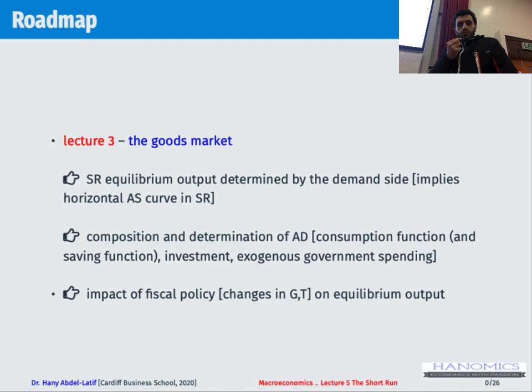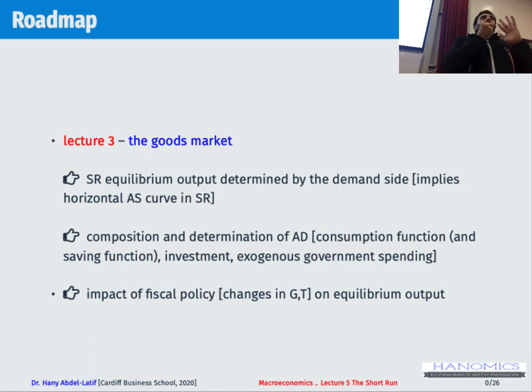But anyway, what I want you to recall from the previous lectures is how equilibrium happens in the goods market and in the money market, and when we bring these two together, how these two markets interact with each other.